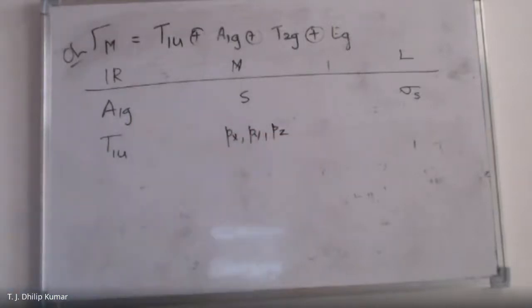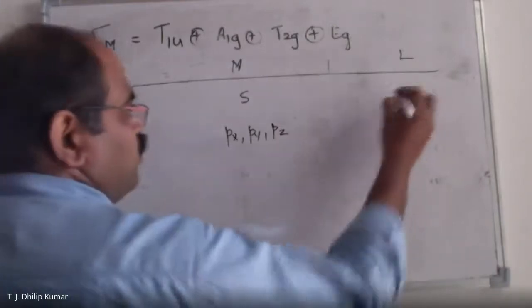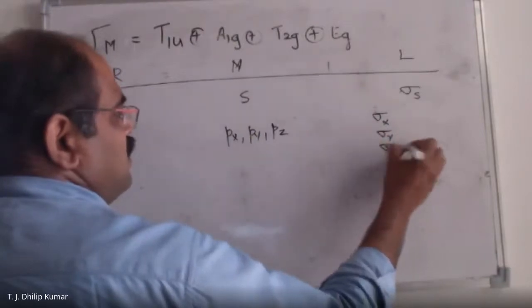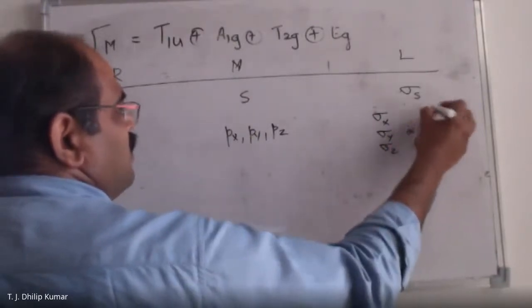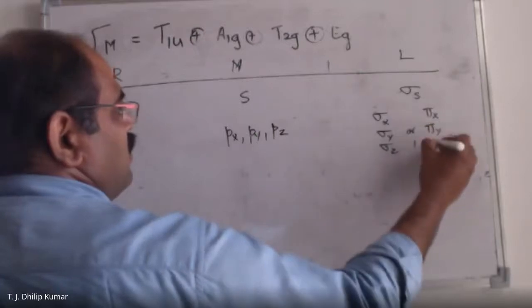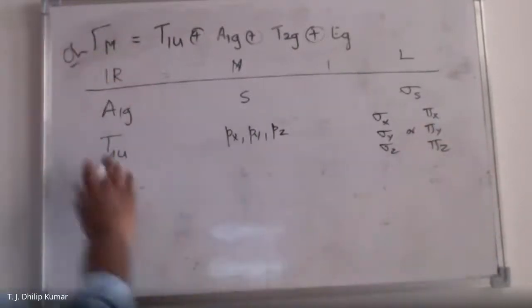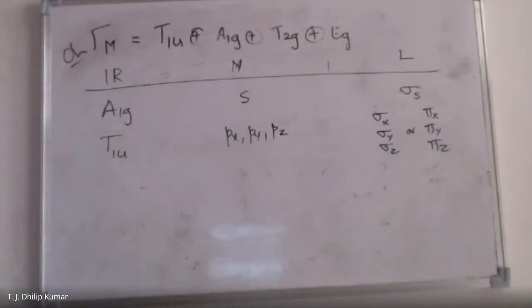So for the metal T1u, in the ligands there will be two types: sigma x, sigma y, sigma z, or pi x, pi y, pi z. So this is the overlap, something like this, which will have T1u symmetry.